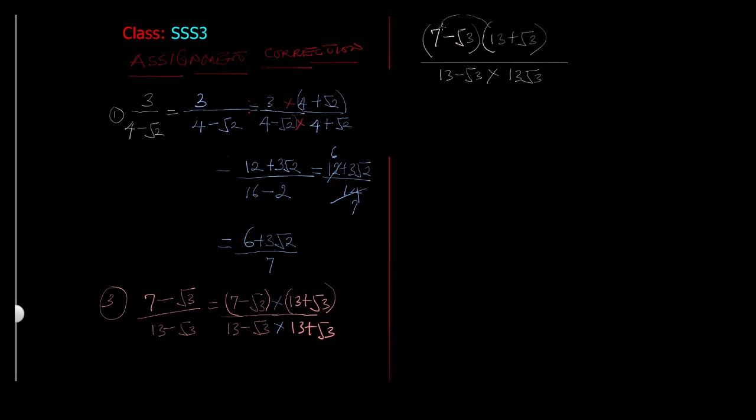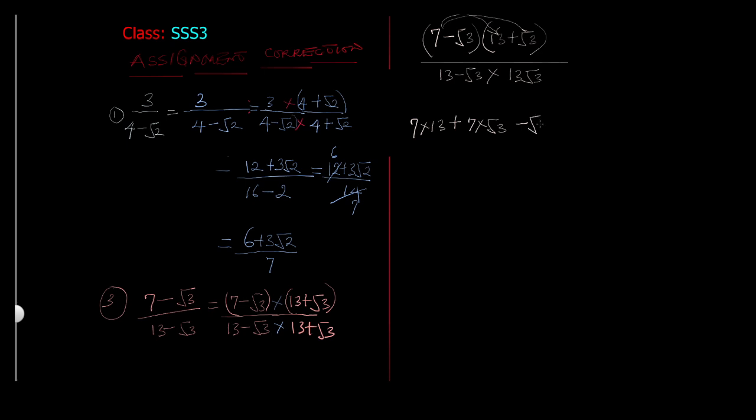This 7 will multiply this 13 first, and that will be 7 times 13, and then 7 will come into square root of 3, then plus 7 times square root of 3. We're done with that one. Minus square root of 3, we multiply this other one.